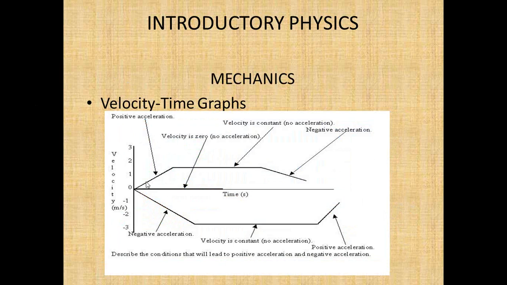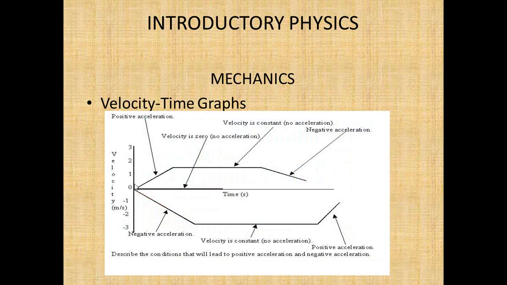Your positive velocity, which is on top, tells you that you have motion going to the right or something going upward. If you have a rocket going up, you would represent it in the positive domain of your velocity time graph. And if the rocket is coming downwards, then you put it in your negative domain.